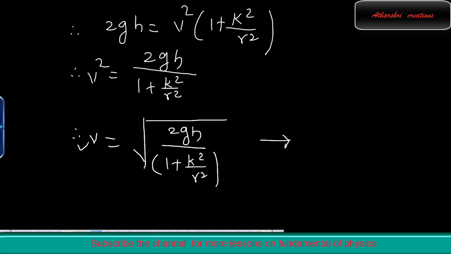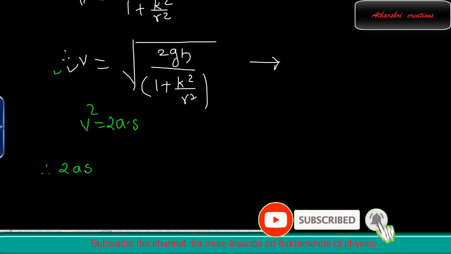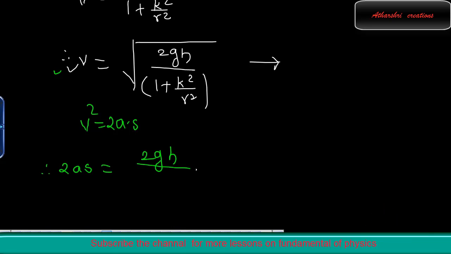Now lastly, we have to find the equation for linear acceleration. Using the above equation, v square equal to twice a into s as discussed earlier. Now here v square equals the square of this equation. That means we can write: twice a into s equal to 2g into h divided by 1 plus k square upon r square.